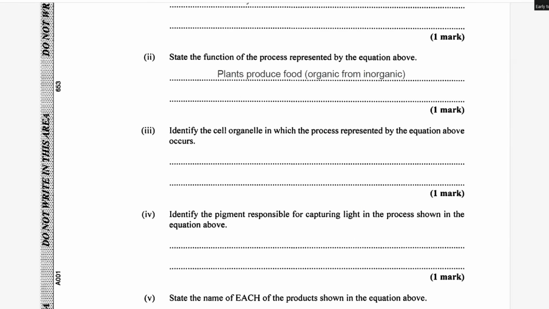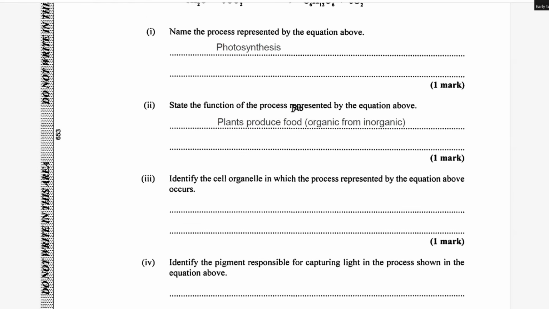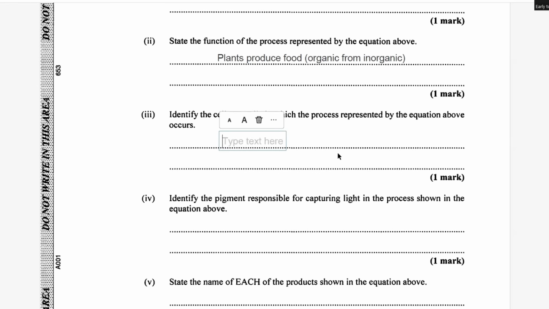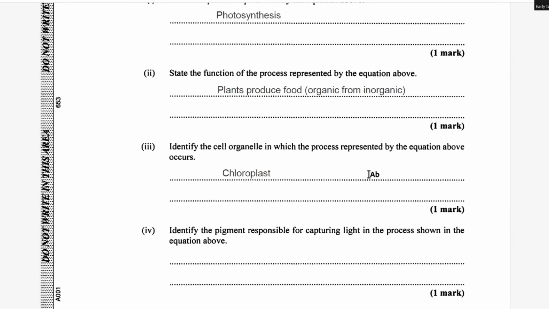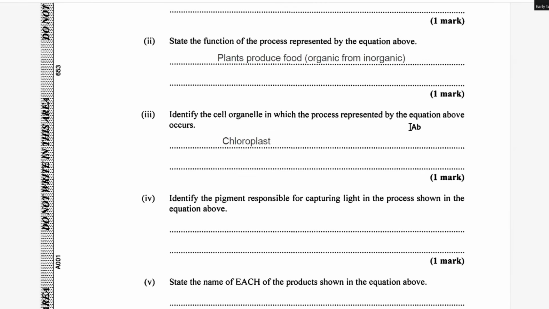Part 3, identify the cell organelle in which the process represented by the equation above occurs. So everything is tying back to this equation. So the organelle is chloroplast. That's a simply easy one. So far, they're giving away marks. That's 3 marks we collected very easily there.